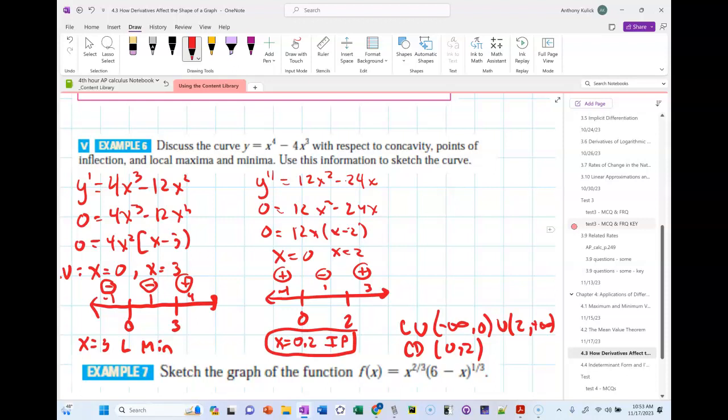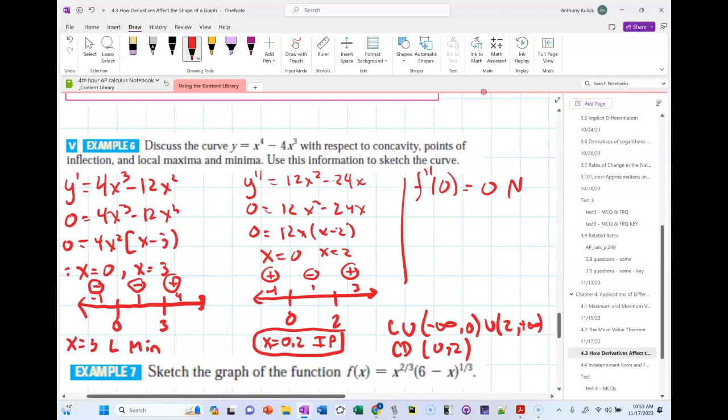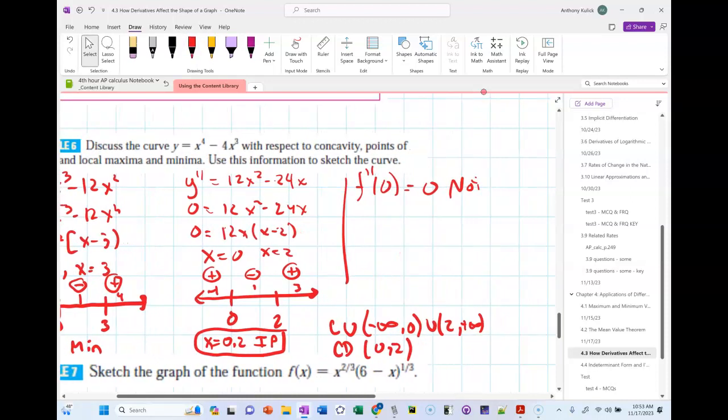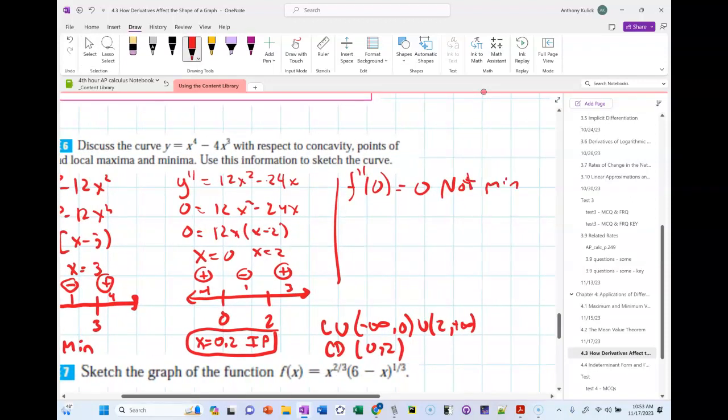Now, alternatively, I could have also taken those two inflection points and done like the second derivative at 0, which I can tell is 0. So that tells me it's not a min or a max because it's not positive or negative.